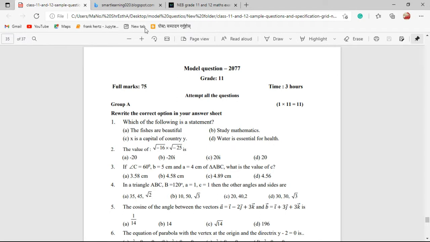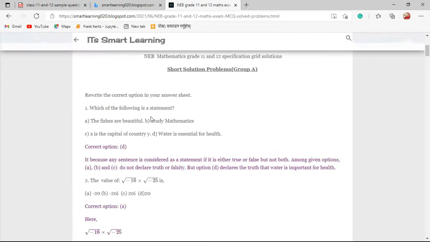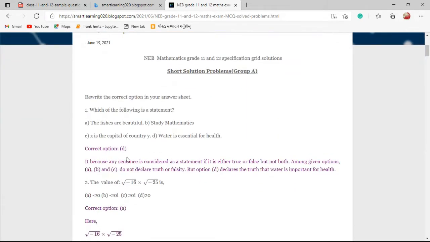If you see the solution on this side, what I told you is that a statement is a sentence that indicates either a true or a false answer. Just think about whether the fishes are beautiful is true or false.